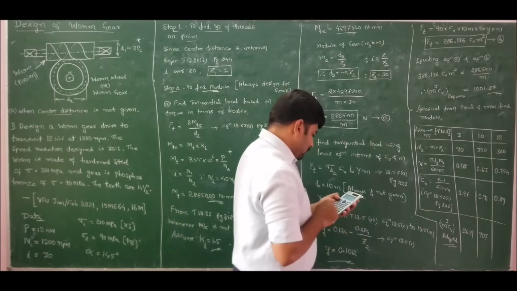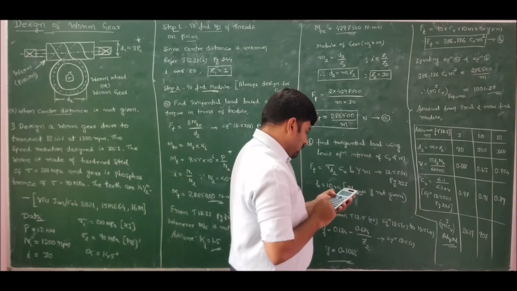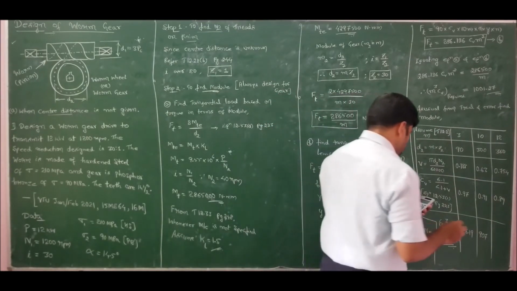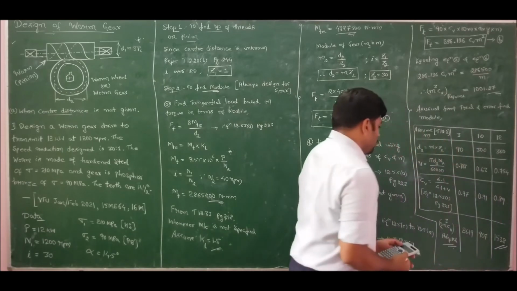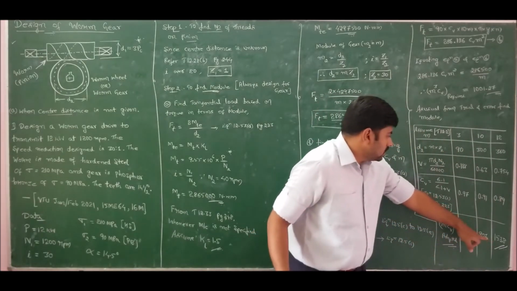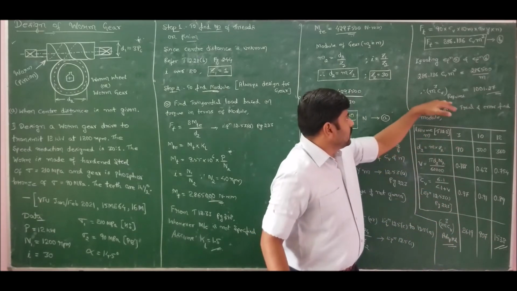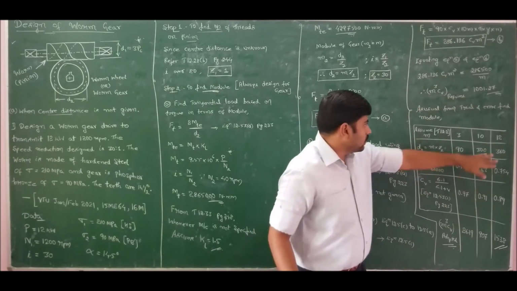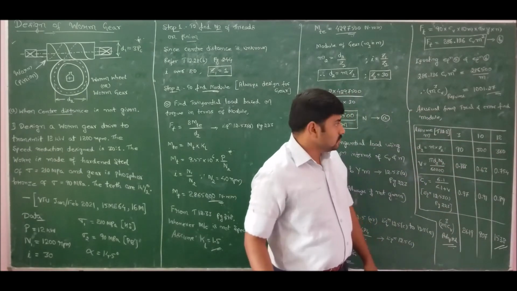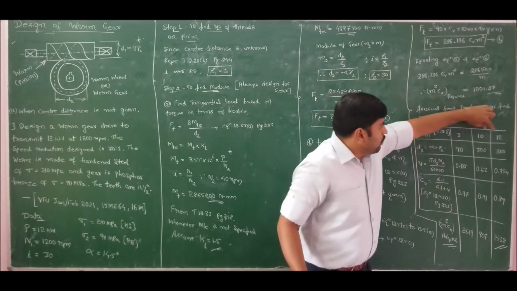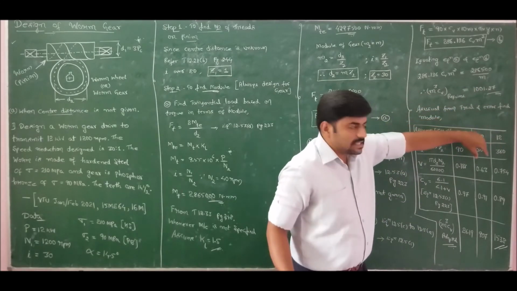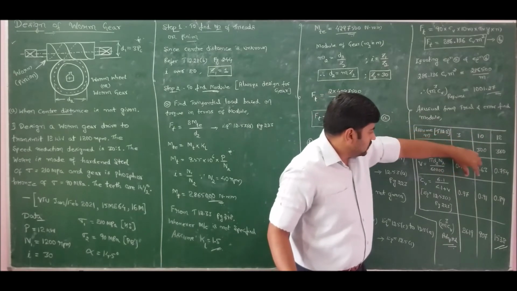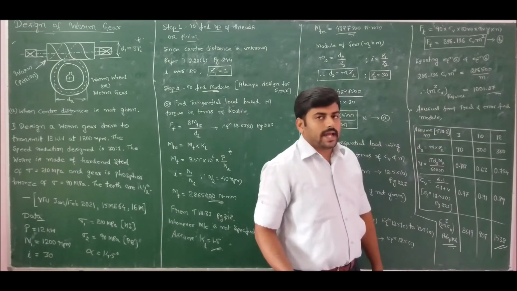So m cube CV, 12 cube into 0.89, is 1538. We are well ahead of the required value. So m cube CV adopted is 1538, whereas m cube CV required is 1000. Therefore I can adopt module as 12, diameter as 360, velocity as 0.754, and coefficient of velocity CV as 0.89.